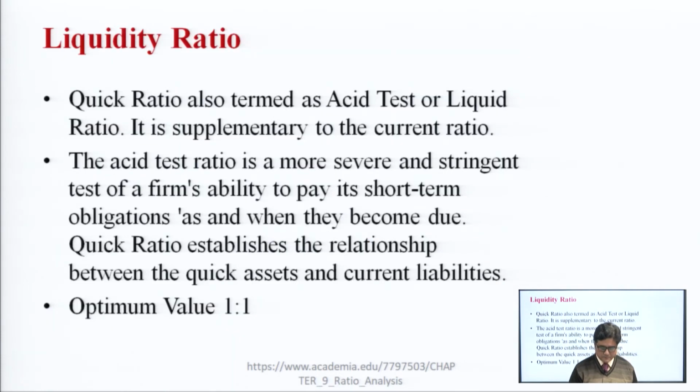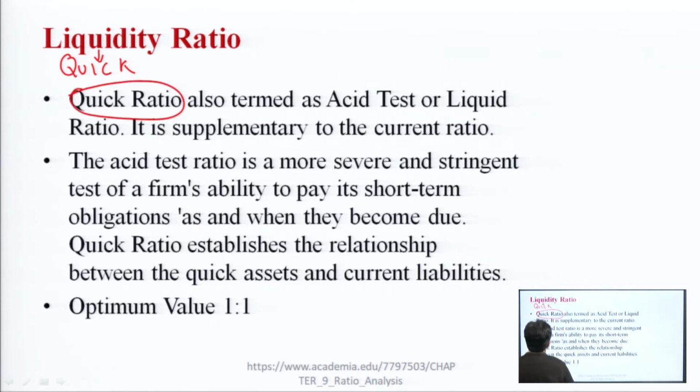Now, next is the quick ratio. Next is the quick ratio against the current ratio. It is a part of the liquidity ratios like the current ratio. The quick ratio is also termed the acid test ratio or liquidity ratio.